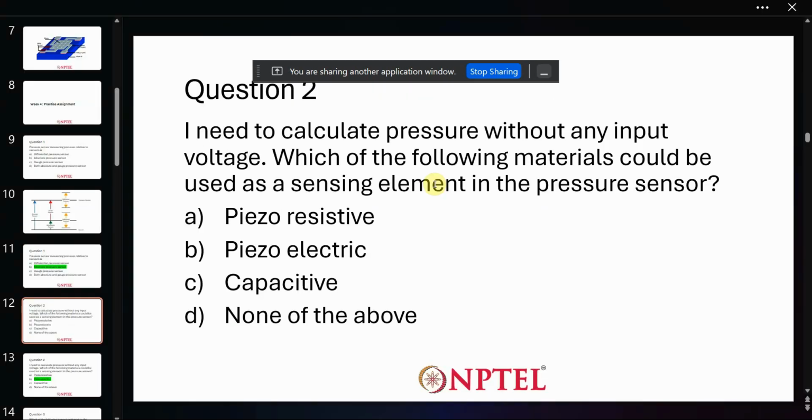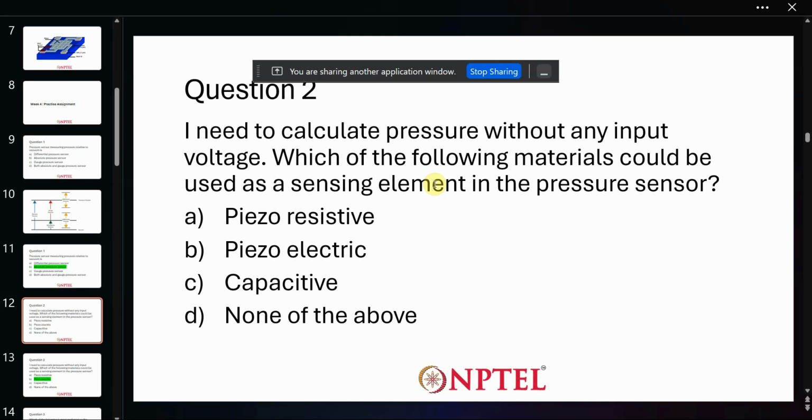So piezoresistive is basically where a voltage is applied and a resistor is in place in the circuit, but when an external force is applied, the resistance will change. So with respect to force, the resistance is changing. Whether it increases or decreases depends on the piezoresistive material's property, so that is not important in this context.